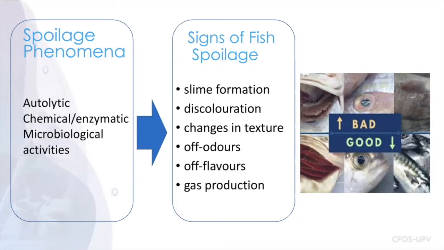But if it's already starting to get spoiled, the color becomes pale red until it becomes very, very pale, almost white. And also there will be changes in texture, development of off odors and flavor, and also gas production. All right.